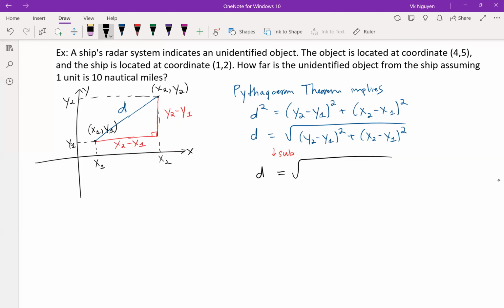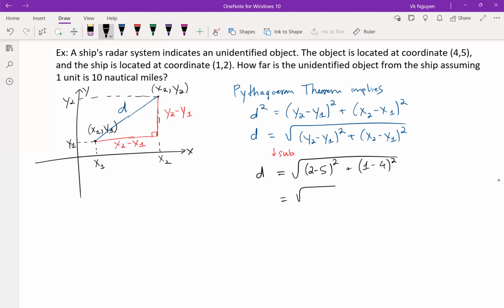That would be square root of, second point is y2, first point is y1. So y2 is going to be 2 minus 5, and similarly, do the substitution: x2 is going to be 1, x1 is going to be 4. And ta-da!